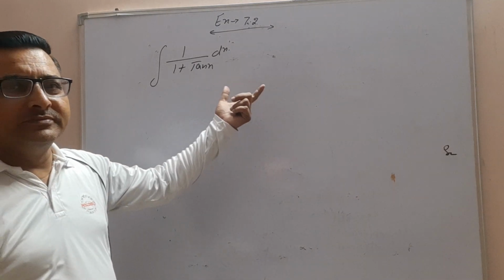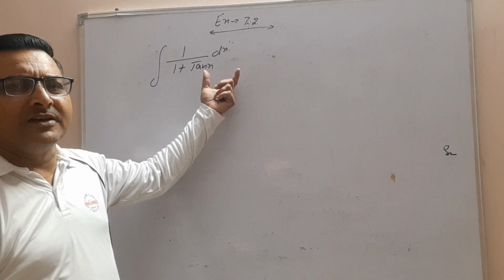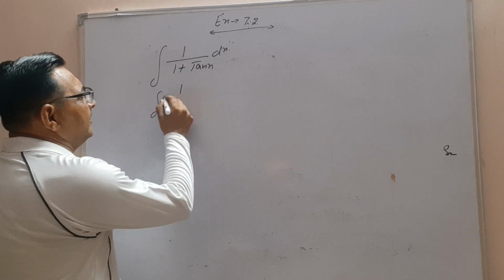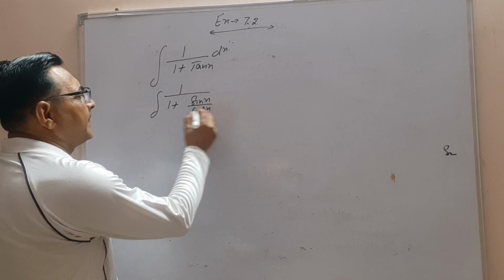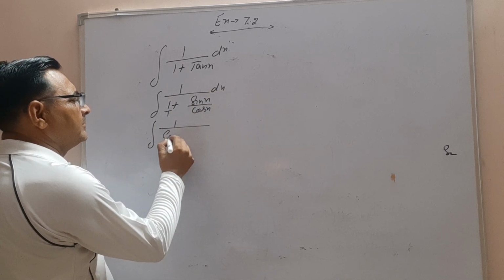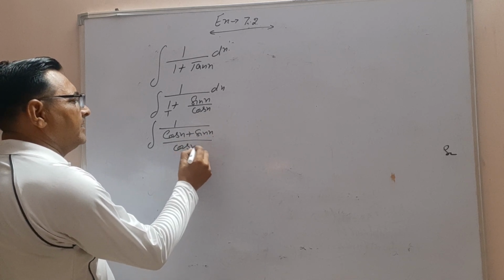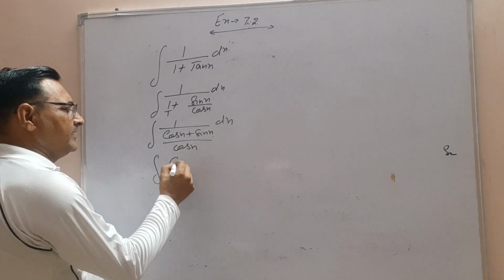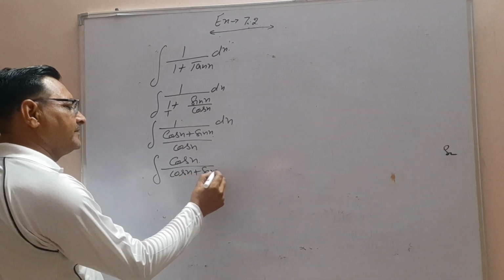So what will we do? We will first of all convert this function into the form of sin and cos. So you can write 1 upon 1 plus tan x, where tan x is sin x upon cos x. Take its derivative. 1 upon cos x plus sin x, and this cos x shifts to the numerator. Cos x upon cos x plus sin x.